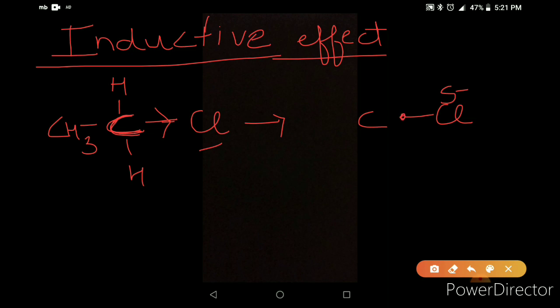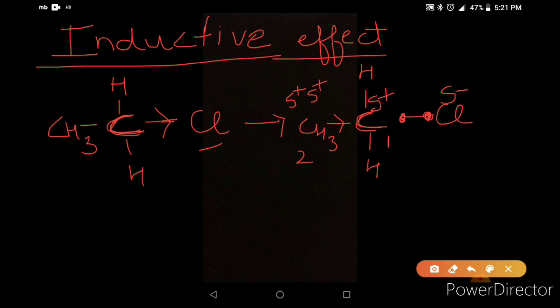I have shown here the shared pair of electrons have moved a little bit towards chlorine, making this chlorine partially negative and carbon partially electropositive. In return, carbon number 1 will attract further electrons from carbon number 2, making carbon number 2 partially positive.